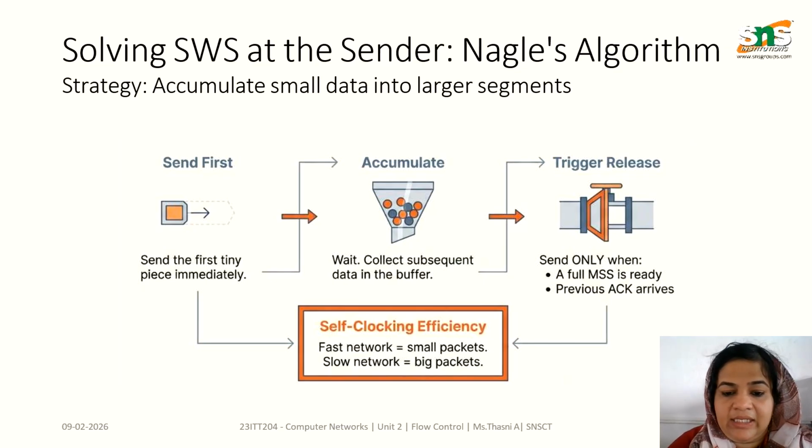Then it waits and collects subsequent data in the buffer, and it triggers a release only when a full MSS is ready, else it won't send. It sends again as the previous acknowledgement arrives, and based on that it triggers a release again. Again it is self-clocking: if it is a fast network, it sends small packets, and if it is a slow network, it sends big packets.